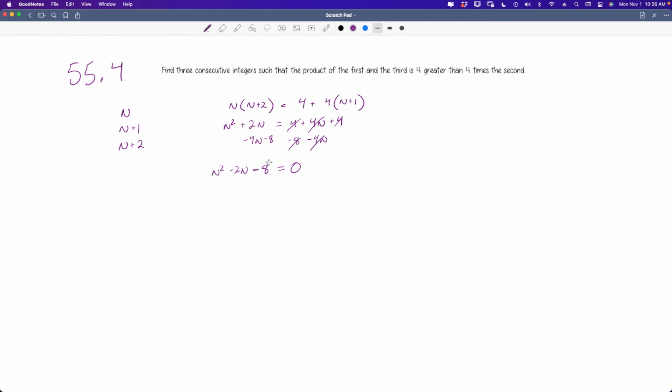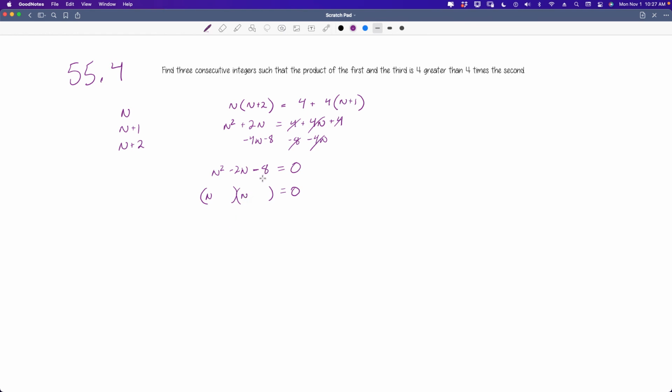Because we have this exponent of 2, we have to treat this like a quadratic equation. We can't solve it another way. So we're going to factor this the way we would a quadratic equation. So we have 2 sets of parentheses equals 0. We have n times n, the only way to get n squared.